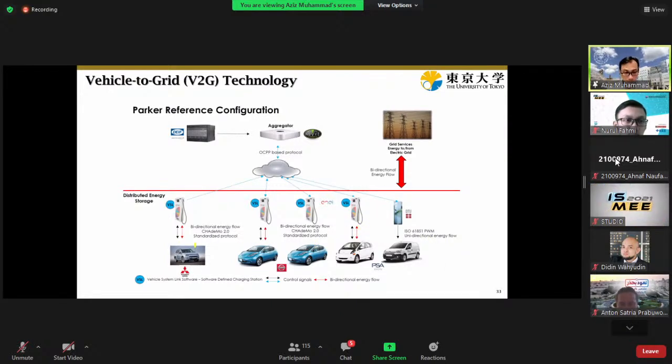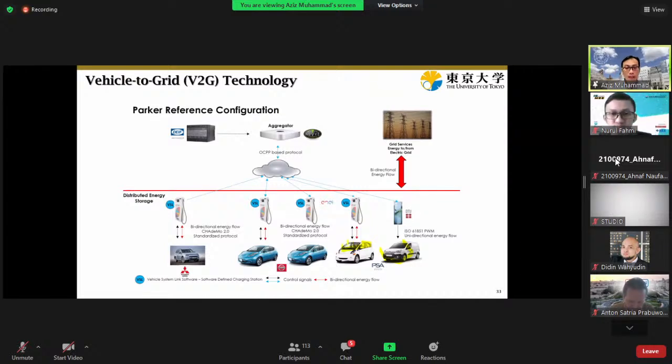Basically, all of these electric vehicles can be controlled, and finally they can also participate in vehicle-to-grid technology. So all of the users, the drivers, can have a new opportunity, a new circular economy, where they not only use these electric vehicles as a transportation mode, but also as energy services.